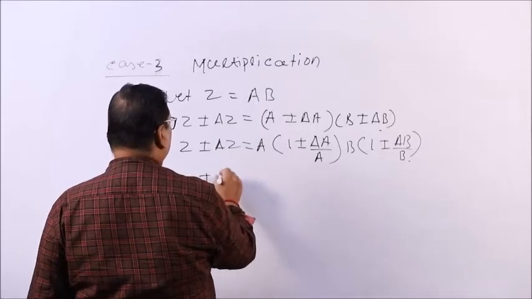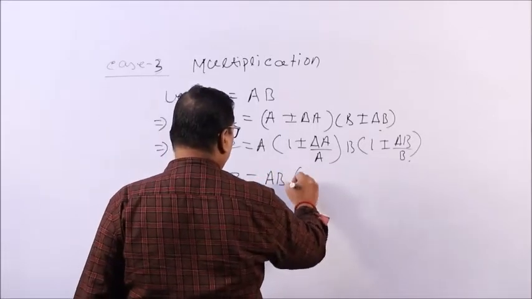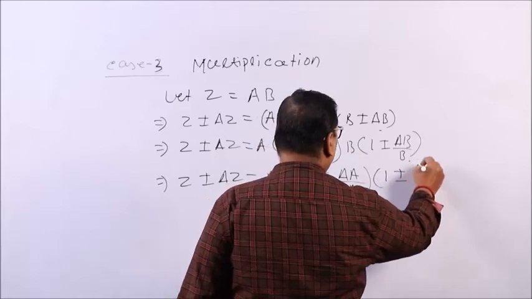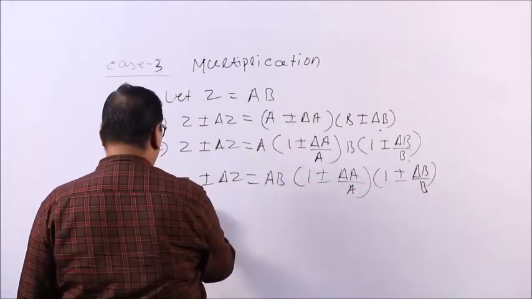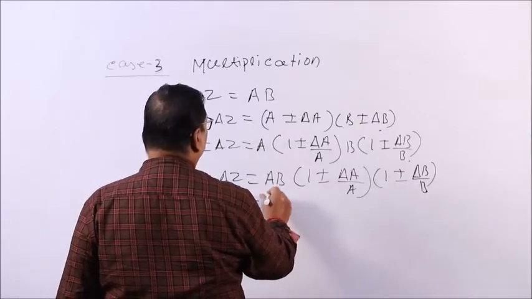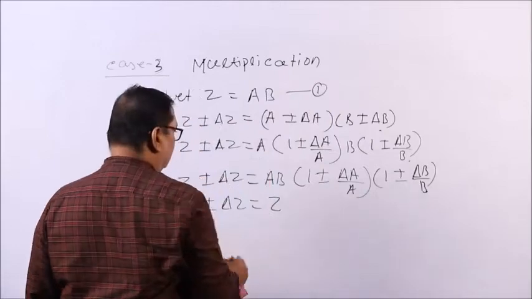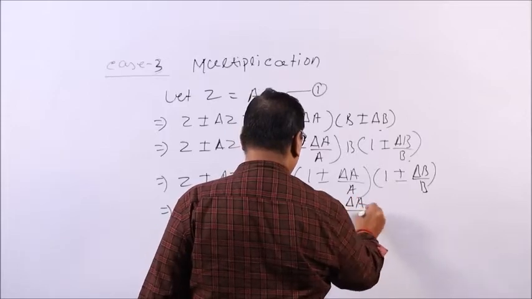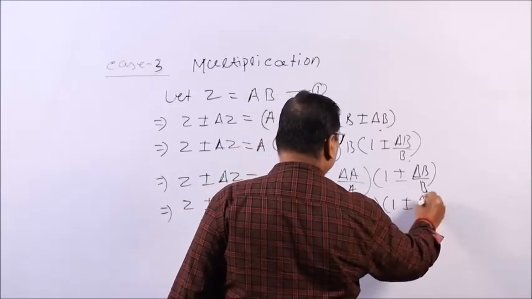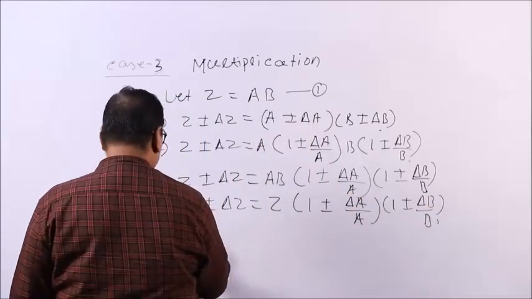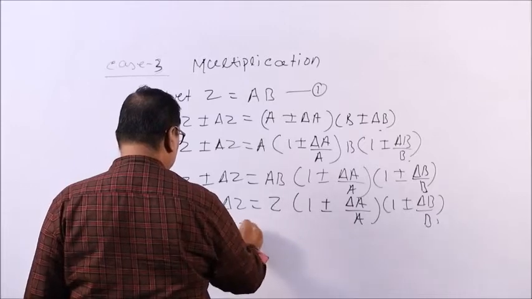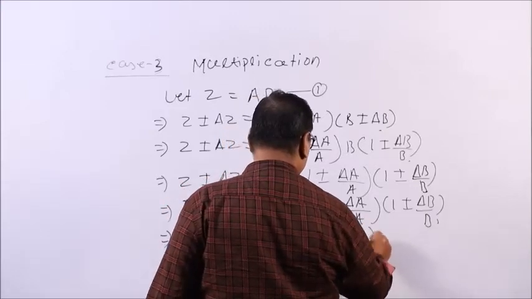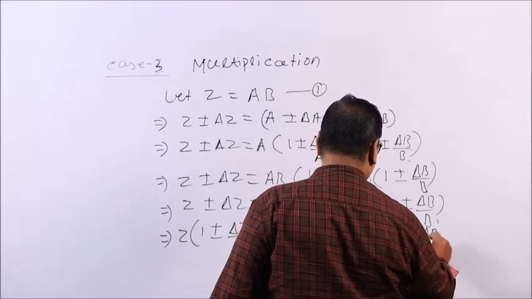Now Z plus minus delta Z equals AB times 1 plus minus delta A by A times 1 plus minus delta B by B. Now AB equals Z from equation 1, then Z times 1 plus minus delta A by A times 1 plus minus delta B by B. Here you take Z common, 1 plus minus delta Z by Z equals the same product.